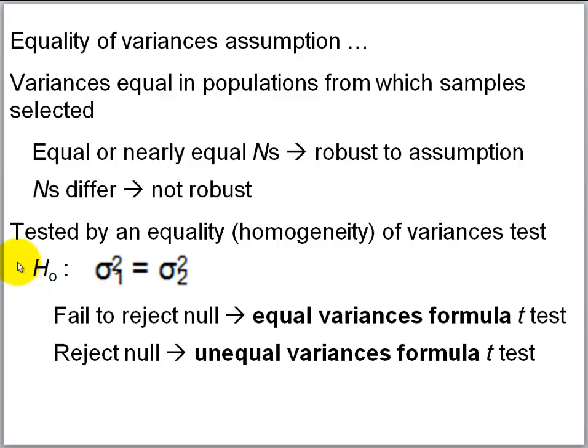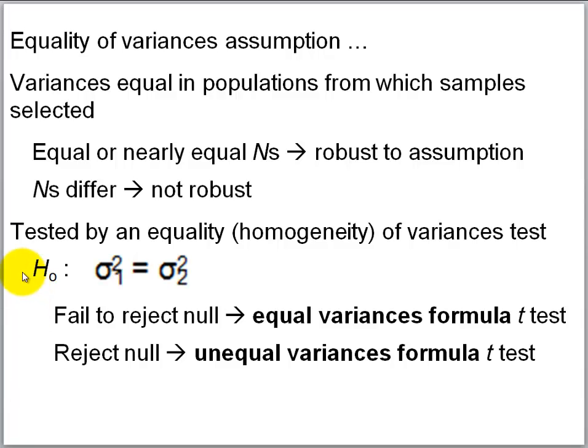Equality of variances assumption is tested by an equality of variances test, and the null hypothesis for that test is that the variance in population 1, sigma squared in population 1, equals sigma squared in population 2. You are not going to learn the specifics of an equality of variances test, and really in Chapter 18 we're going to be presuming that you have access to a computer to carry out the independent samples and dependent samples t-tests.